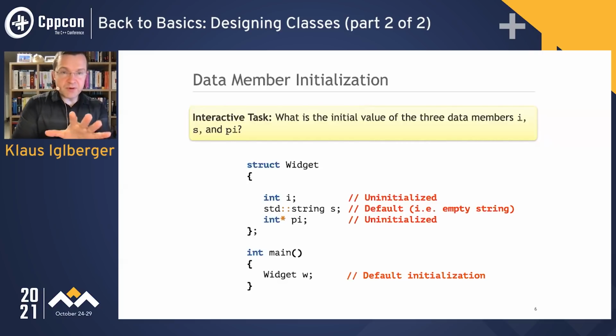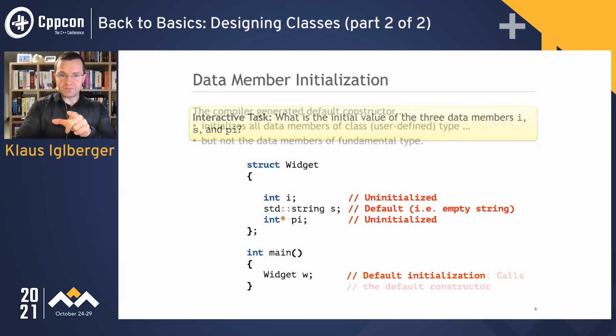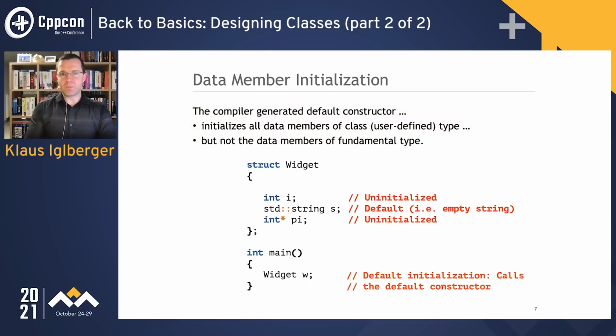There's something very simple that we can do in this situation. First, the rule: the compiler-generated default constructor, the one that I'm calling right now, only initializes the data members of class or user-defined type, but it does not initialize the data members of fundamental type.